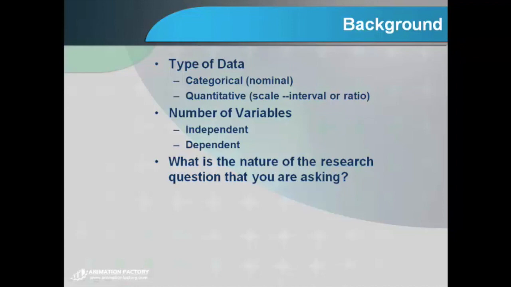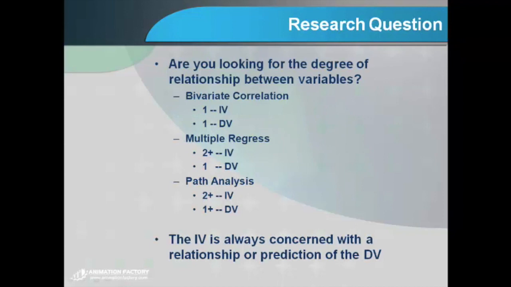And then we have to understand what is the nature of the research question that you're asking, because that will dictate the methodology that you need to use. Now, in your research question, are you looking for the degree of relationship between variables? There are three types of statistics that you can use. You can use bivariate correlation, which is what we've been doing with the Pearson product correlation.